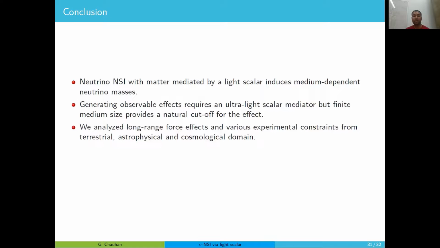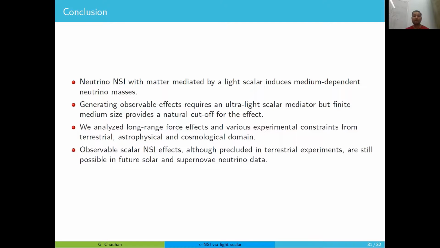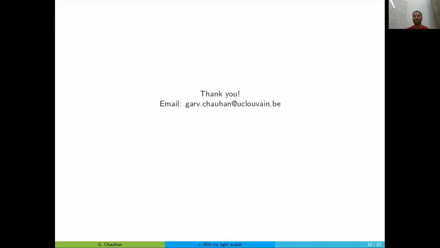So we analyzed long-range force effects, as well as gave experimental constraints from these terrestrial, astrophysical, and cosmological domains. And although these observable scalar NSI effects are precluded in terrestrial experiments, so they would not be seen ever, they can still be probed in future solar or supernova neutrino data. Thank you.